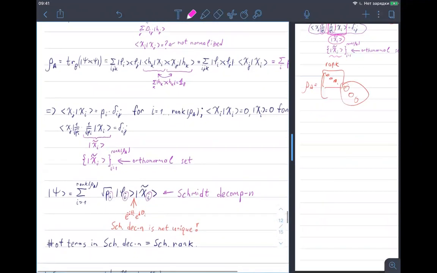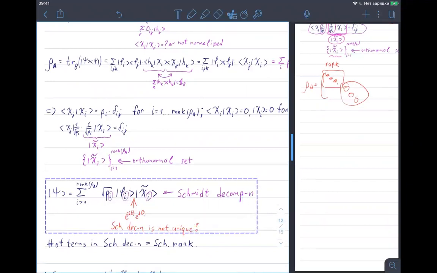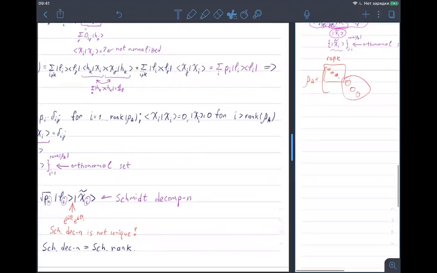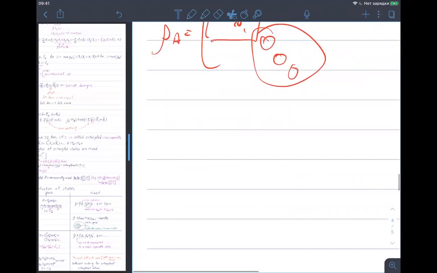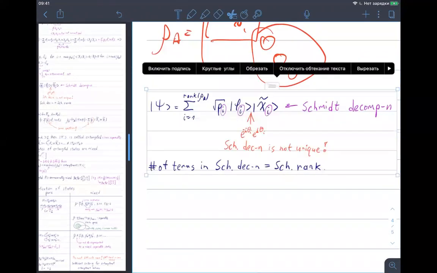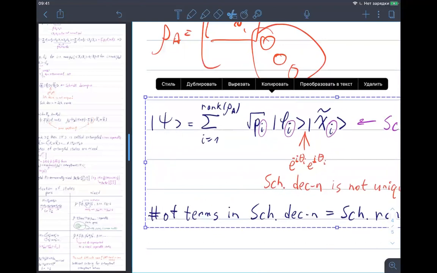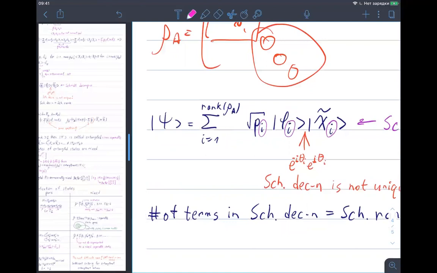Finally, I come to this final representation of my state, which is called the Schmidt decomposition. So what is a Schmidt decomposition? It is a representation of my state in this form. The basic idea is that I have two sets of orthonormal states in two spaces, and I consider a summation with the same index.